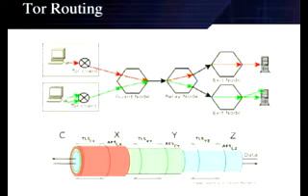It then instructs that node X, in this case, to extend to the relay node Y, and using the public key Y has published for its onion routing key, it extends to Y, and then repeats the process to Z, at which point it can finally instruct Z to make TCP connections that are accepted by Z's exit policy, which is essentially the set of IPs and ports that the exit node will willingly connect to.